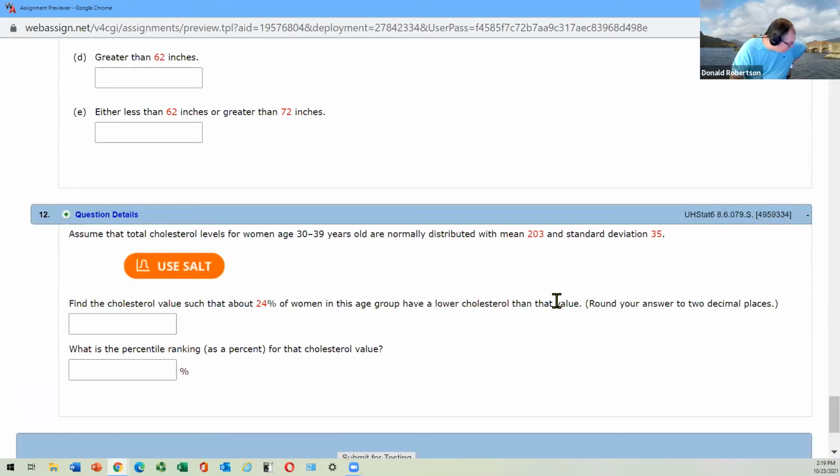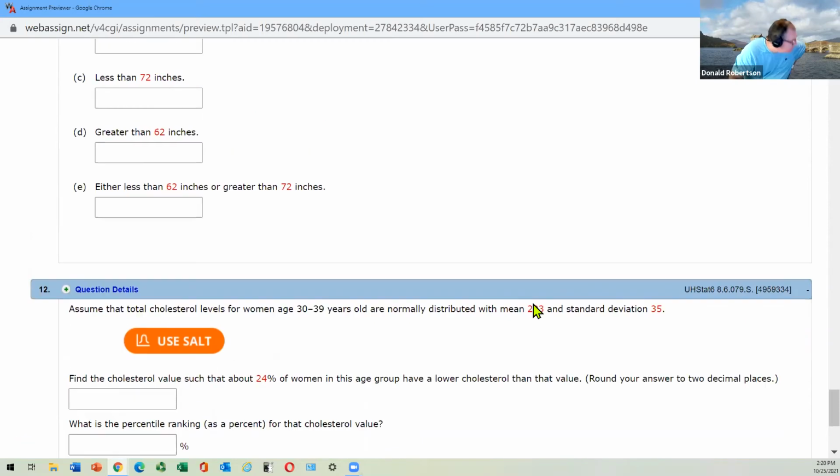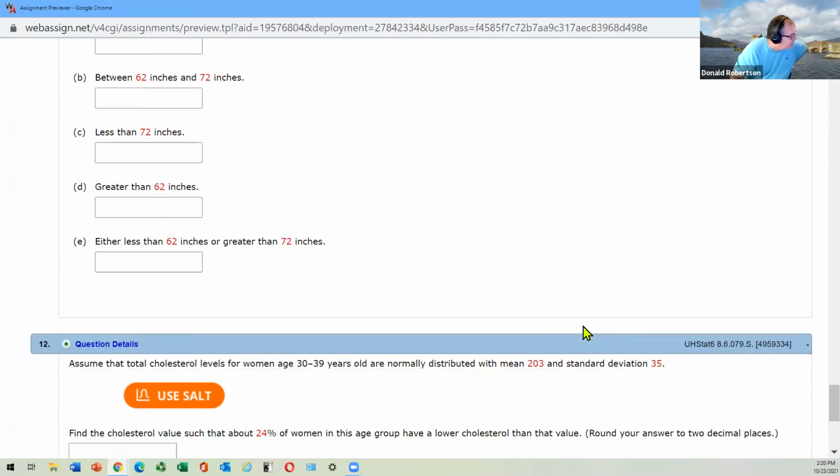Okay, I got to pick one last one, so why don't we do this? Did you know that the total cholesterol level of women in that age group is normally distributed and that their mean is 203 and that their standard deviation is 35? Oh, yeah.